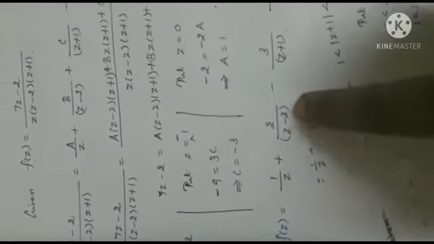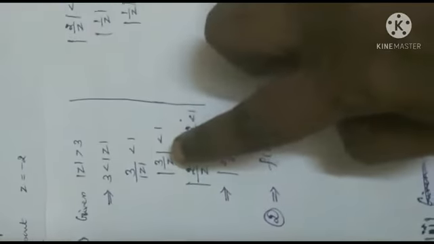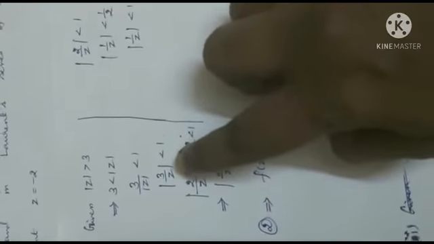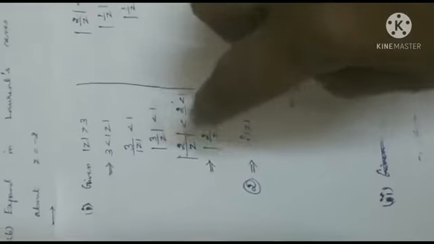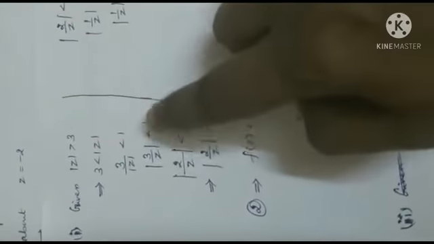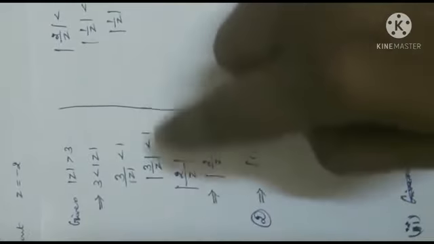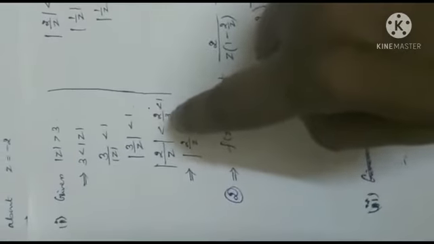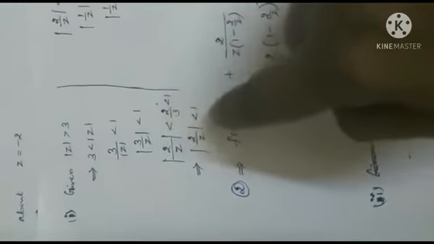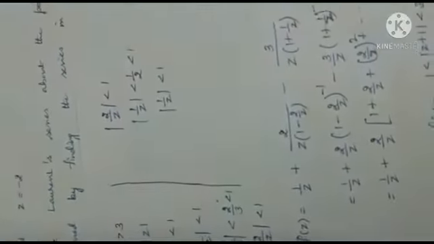Actually we got 3 by z, but we need 2 by z or z by 2. We tried and we got 2 by z. Multiply both sides by 2 as well as divide both sides by 3. 2 by 3 is less than 1. It is ready. And take this for the next term.